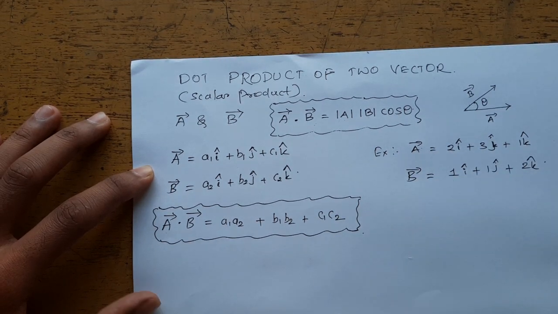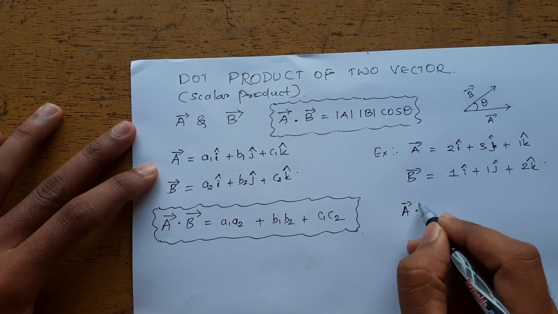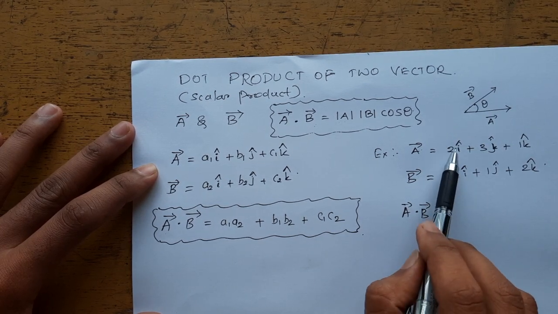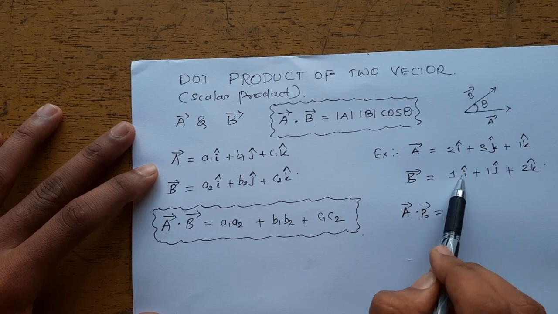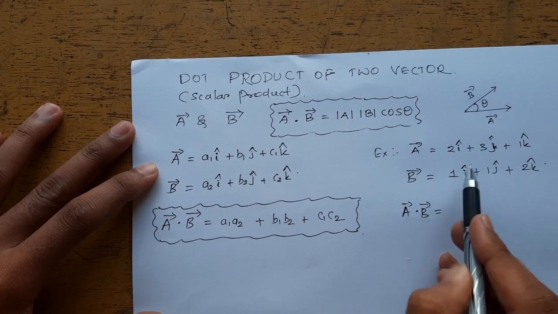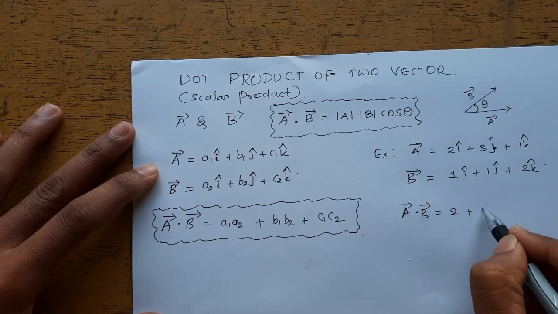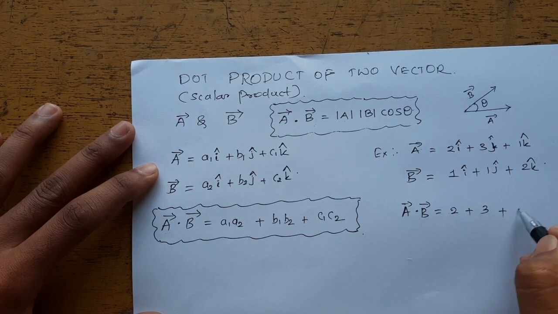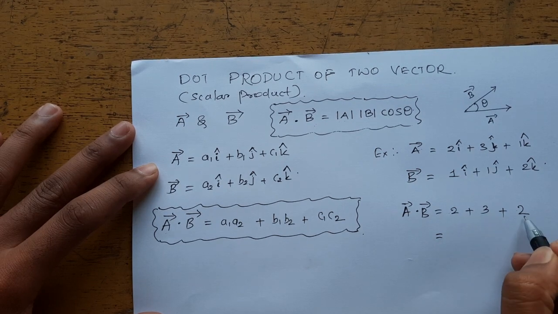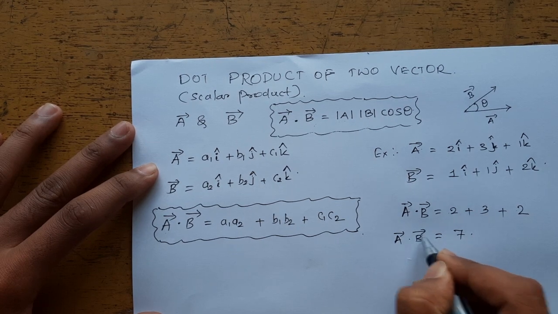These two are vectors now, and if we are doing its dot product, that is A dot B, directly we have to multiply only the magnitudes of the same unit vectors, i and i. Its magnitude here is 2, here is 1, therefore 2 into 1 is 2, plus here 3 into 1 is 3, plus here 1 into 2 is 2. Therefore its total value is 2 plus 3 plus 2, that is 7. Therefore A dot B is 7.